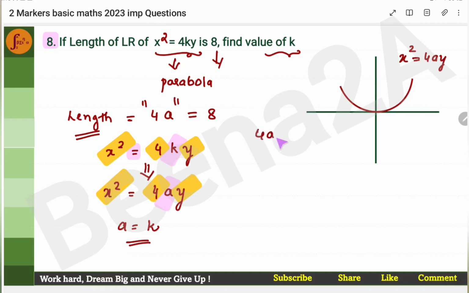That means 4 times a is 8, which means a is equal to 2. We know a is equal to k, therefore k is equal to 2.